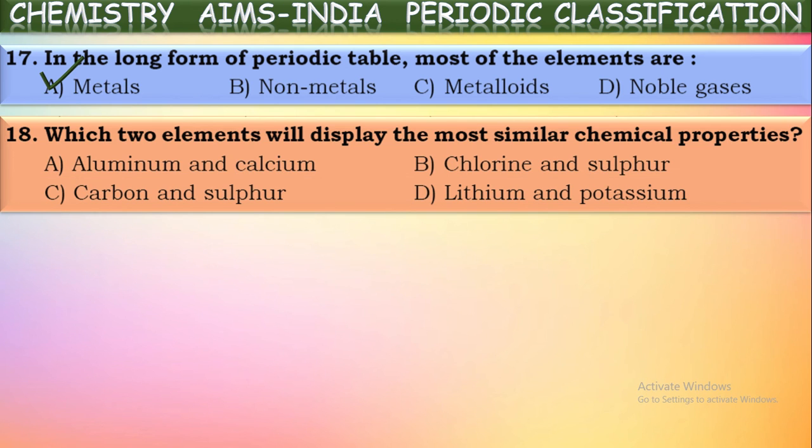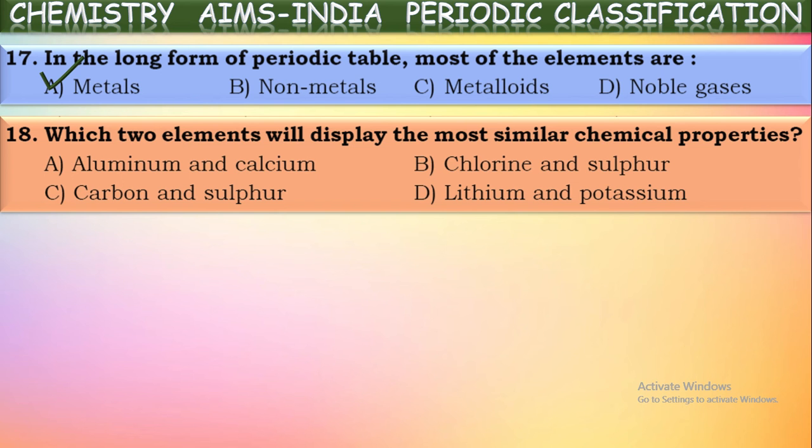Which two elements will display the most similar chemical properties? Generally, the elements which belong to the same group will show similar chemical properties. Now observe the given options, which two elements belong to the same group. If you see aluminum and calcium, they do not belong to the same group.